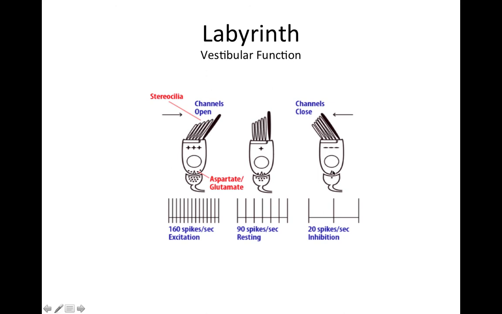Conversely, if the hair cells move away from the kinocilium, away from the stereocilia, this causes hyperpolarization or inhibition. So now you can see we've gone from 90 spikes per second to 20 spikes per second. And conversely, you do not see a release of neurotransmitters here. So this is how the vestibular nerve is excited, or we have hyperpolarization.